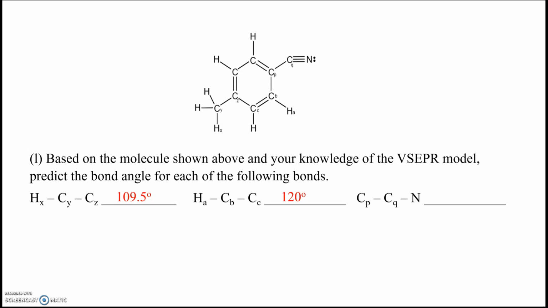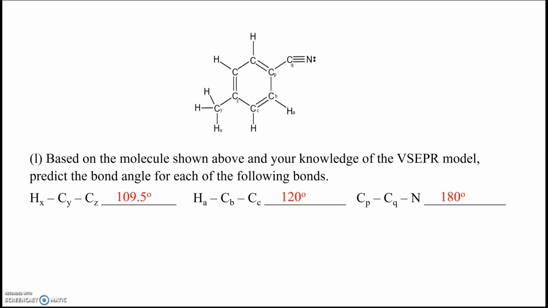CP is the carbon in the ring that's kind of on the upper right-hand side, up to the right, CQ, and then over triple bonded to the nitrogen. When I look at this arrangement, I see that there are really just 2 domains, and this is going to give me a 180-degree angle.